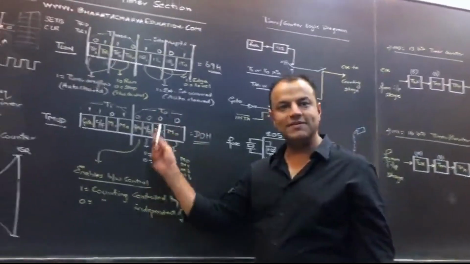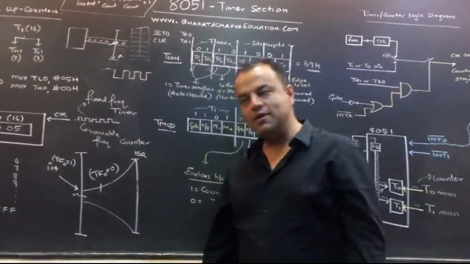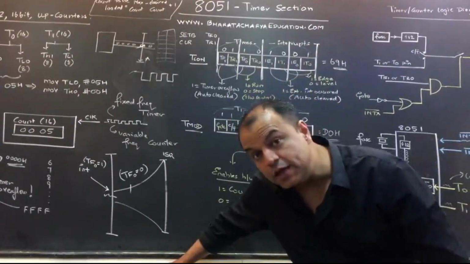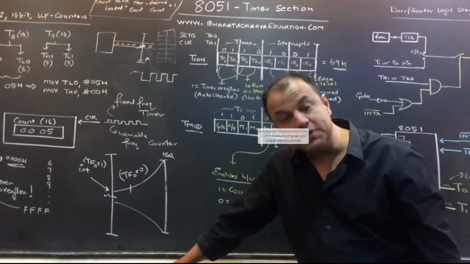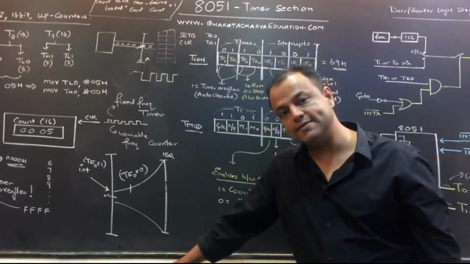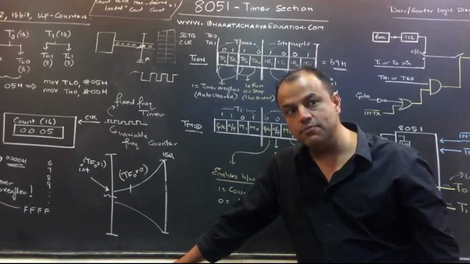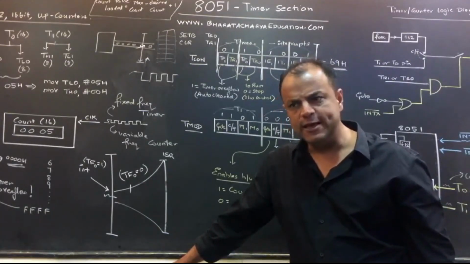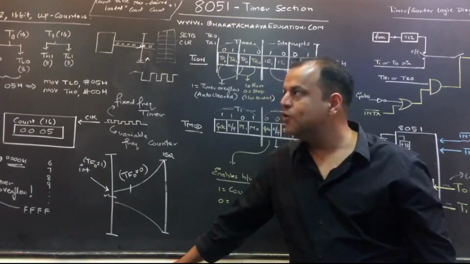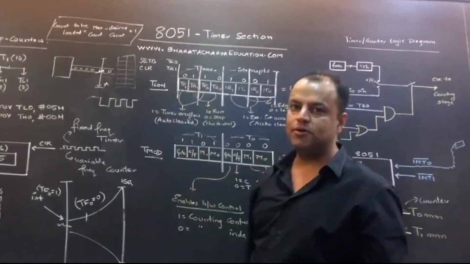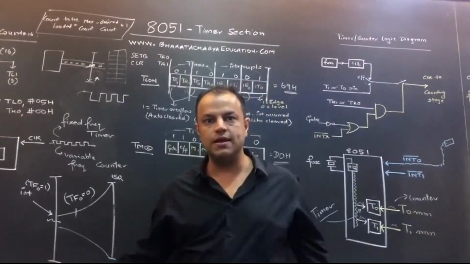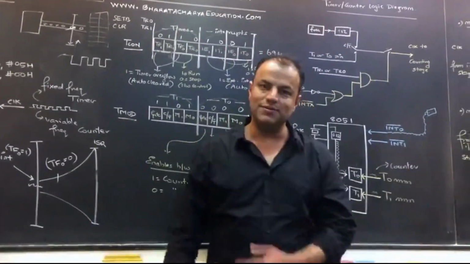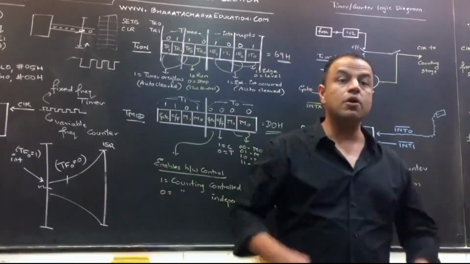Tell me, did you understand TCON and TMOD completely? You've done yourself a big favor by understanding these two registers. You will see the significance of these words when you are sitting in the exam hall. TCON and TMOD alone will be worth a lot of marks in the exam. Either they'll come as a question by themselves, or if they ask you anything about timers, whether a 10-mark question on timers, or explain the concept of timers or modes of timers, whichever way, you have to explain TCON, TMOD.